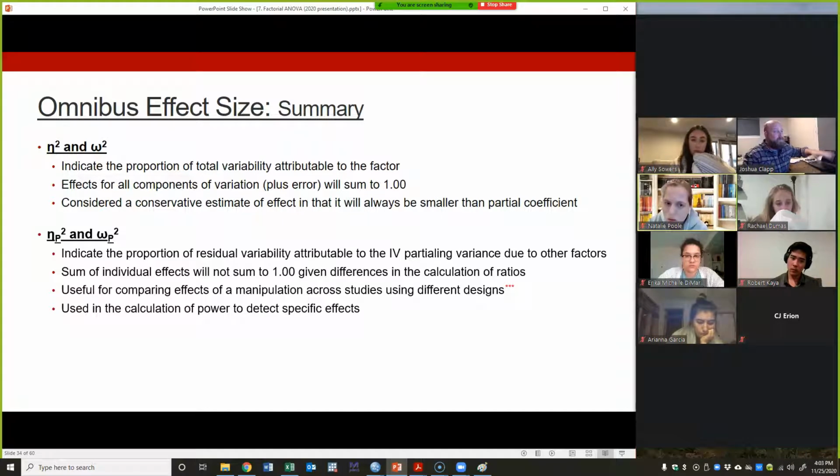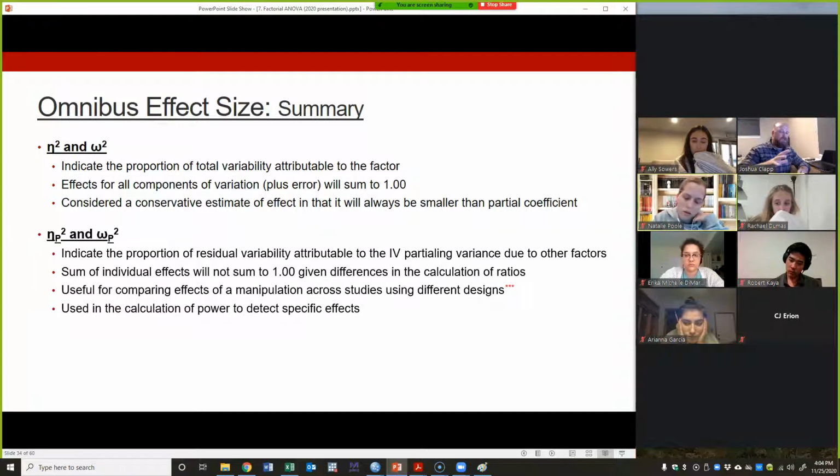But let's say Allie ran a study that has, like, a 2x3 factorial ANOVA, and Natalie, you're running a 3x4 by 2 factorial ANOVA, and you're wanting to compare effect sizes across those two. Your partial coefficients are going to be better in terms of comparing across.